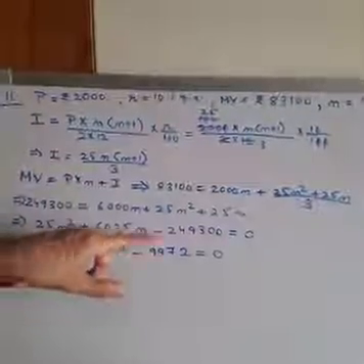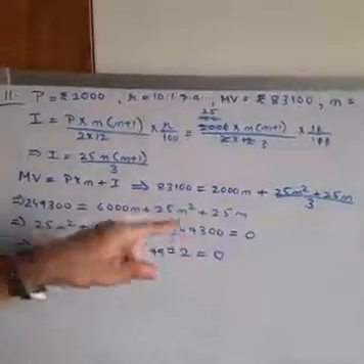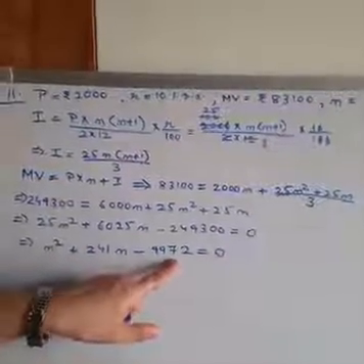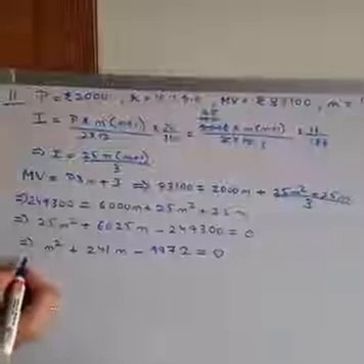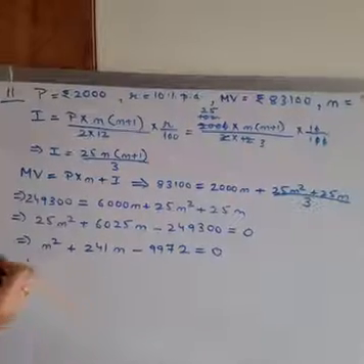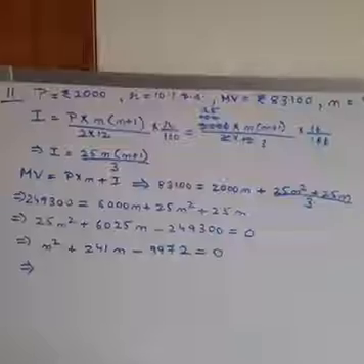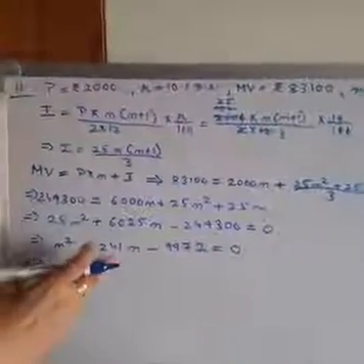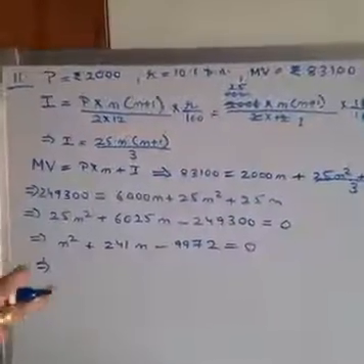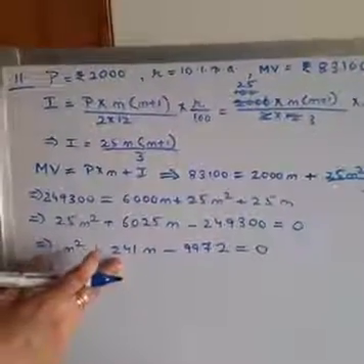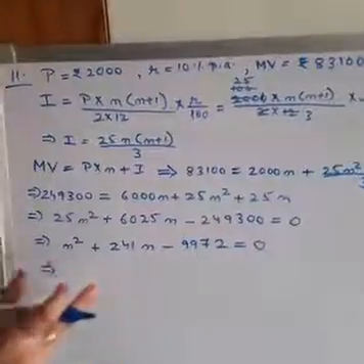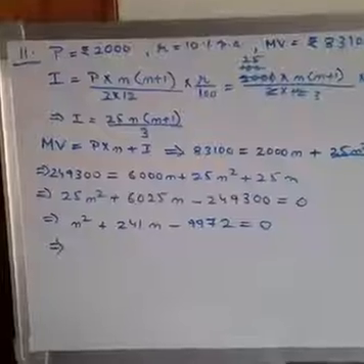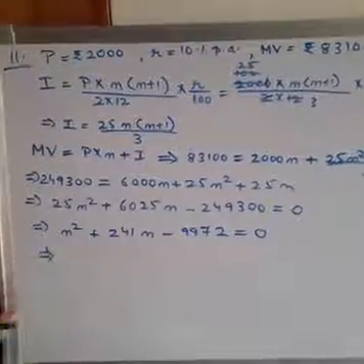You please cancel each of these by 25 and check if you are getting the numbers. Just don't copy that. Okay. Now you know how to solve this. In class 8 you must have learned splitting the middle term. Okay. So let's break the middle term in such a way that the addition gives 241 and the multiplication gives minus 9972 N square. Okay, so please check the calculation part.